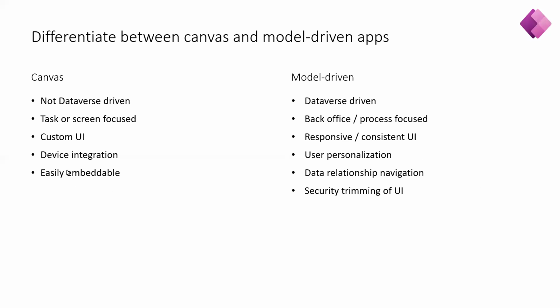You do get device integration with literally any device it can be used in. This can easily get embedded with any kind of data source. So these are a few features that Canvas app has.